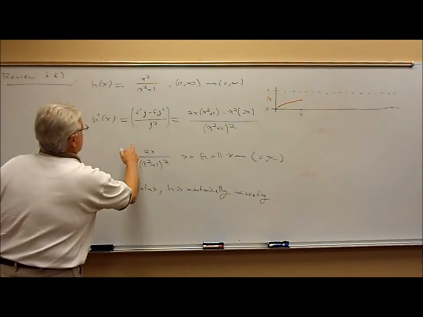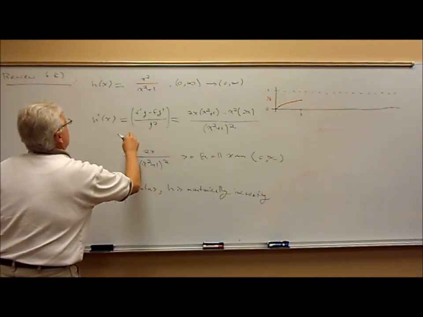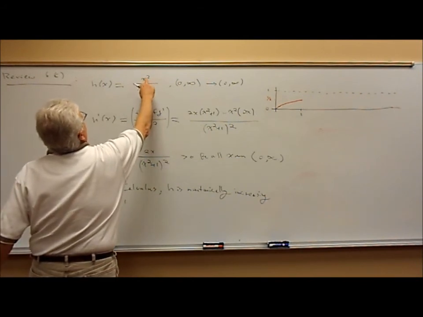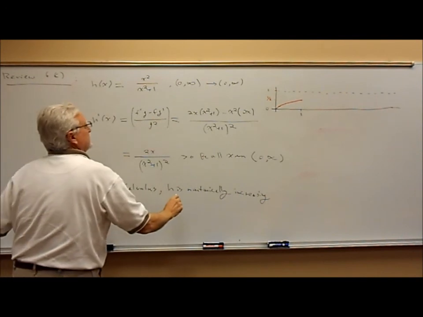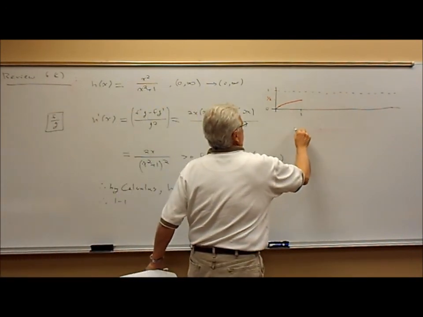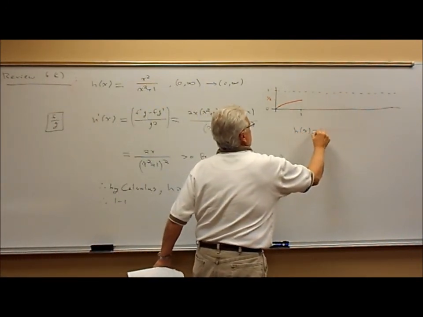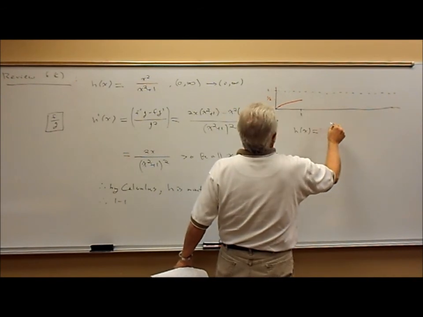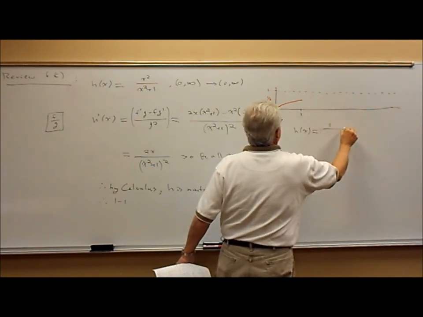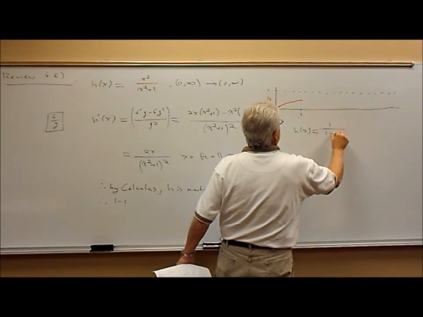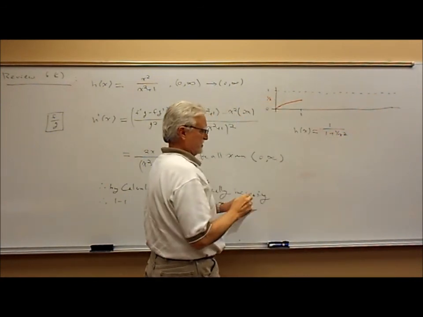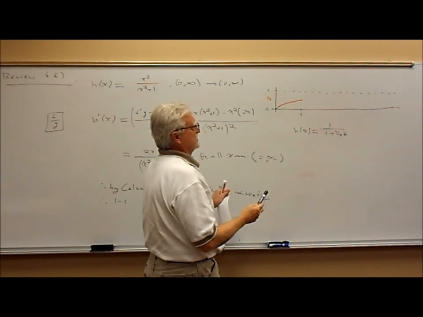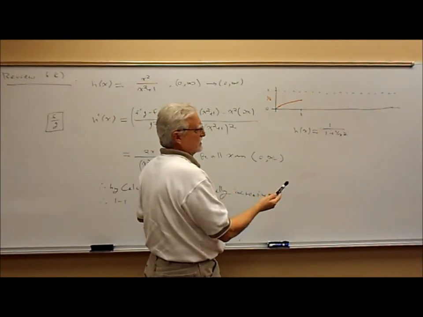And finally, if we look at our trick of multiplying the numerator and denominator by 1 over x squared, you can notice that h of x equals 1 over 1 plus 1 over x squared, which is a way of writing it to let you understand what happens as x gets large.